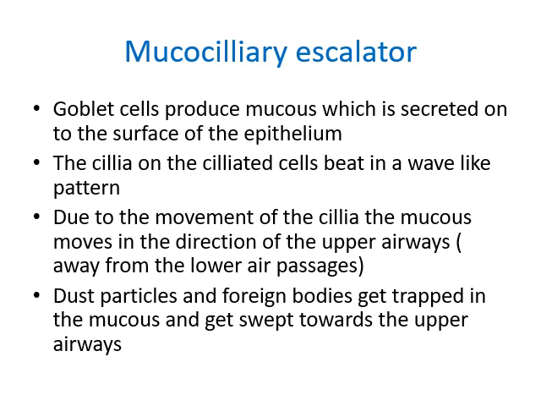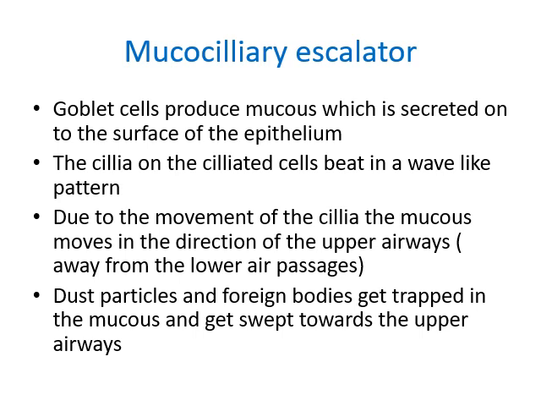So all the time the mucus is carried away from the lower air passages. So if there's any kind of foreign body or dust particles, it will get trapped within the mucus layer, and then get swept towards the upper airways.